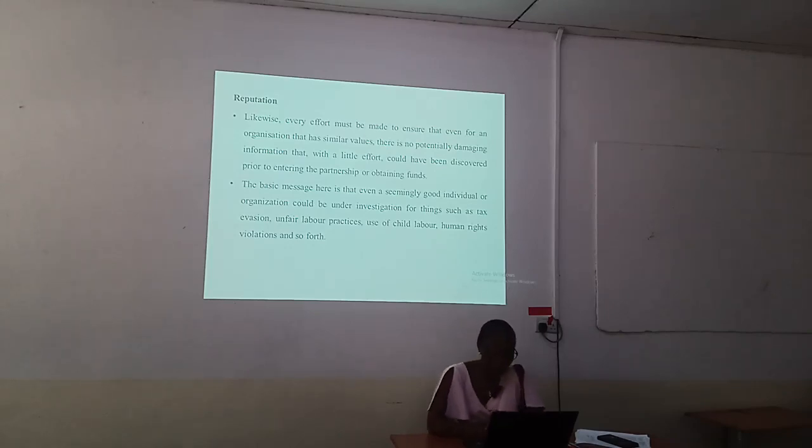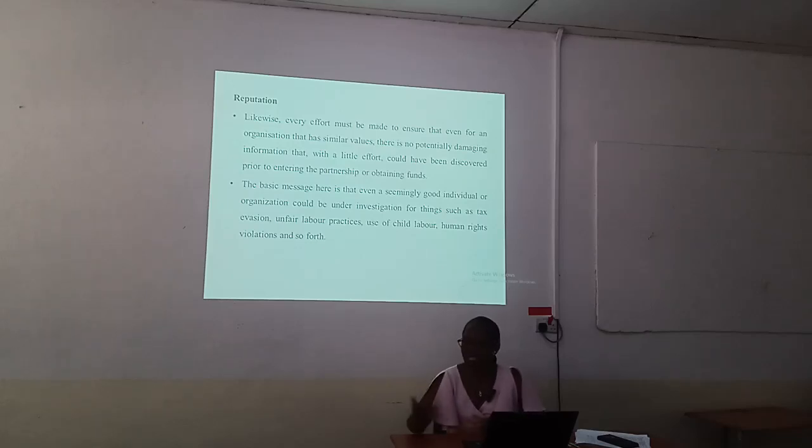So the basic message is, even if you share the same common values, there can be other things. Maybe the organization is being investigated on the issue of child abuse, like most tobacco companies. They are being blamed for things like child labor.